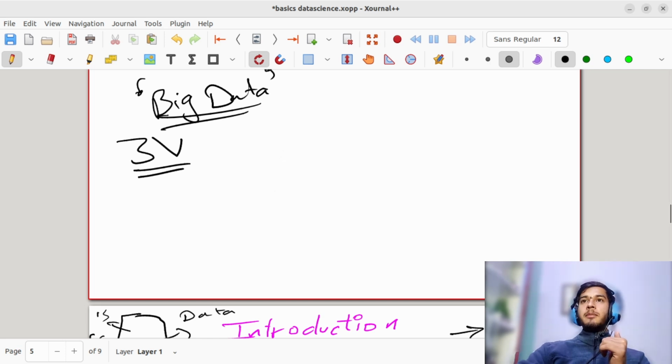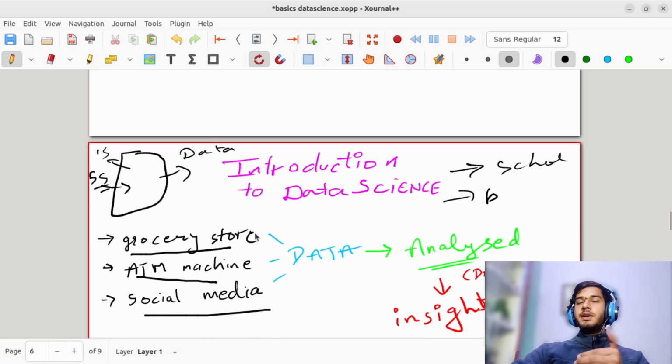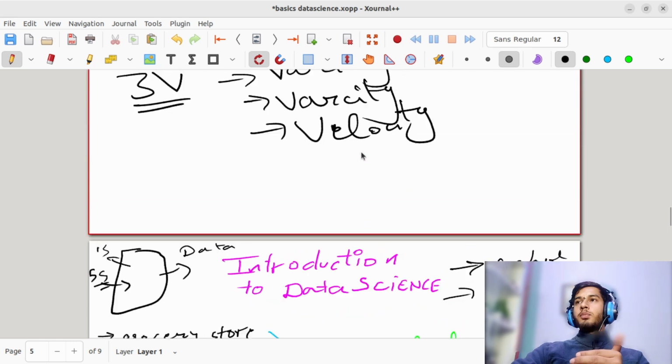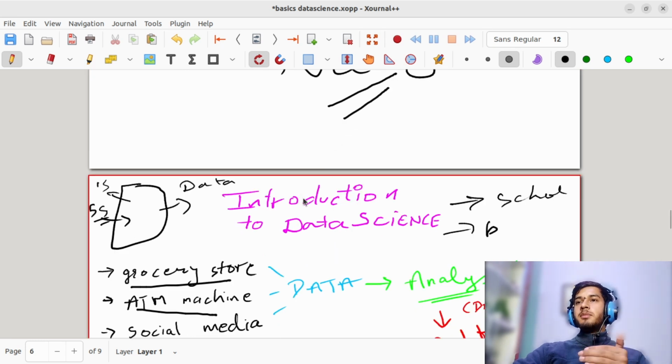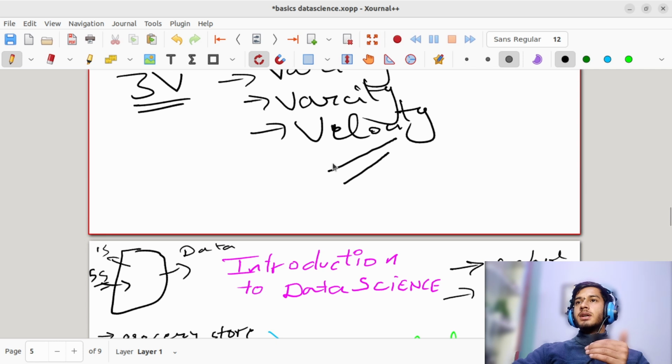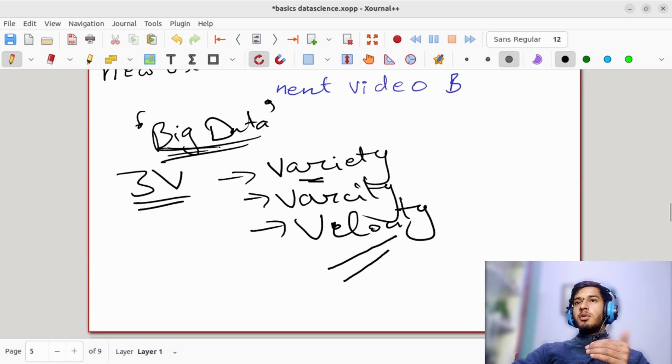Big data is described through the 3Vs: variety, the different varieties of data; veracity; and velocity, how fast your data is moving. In today's internet world, thousands of videos are posted in a minute on YouTube. That is your velocity on a per minute basis: how many data points are generated, and how many different types of data there are. That will be your big data.